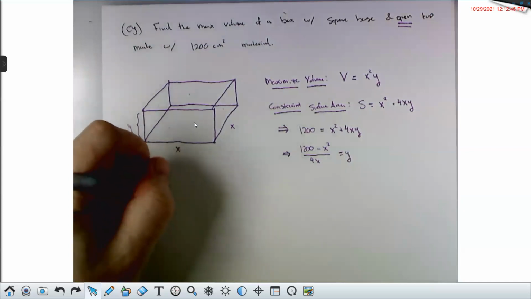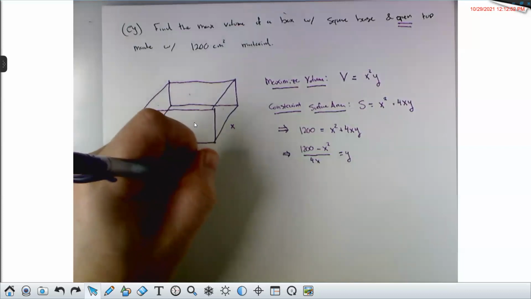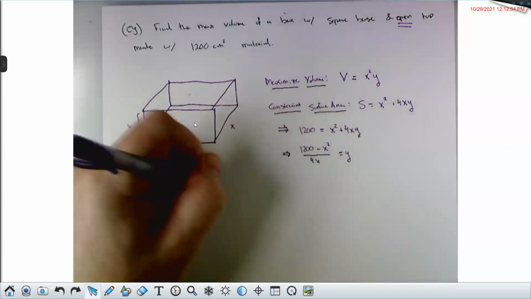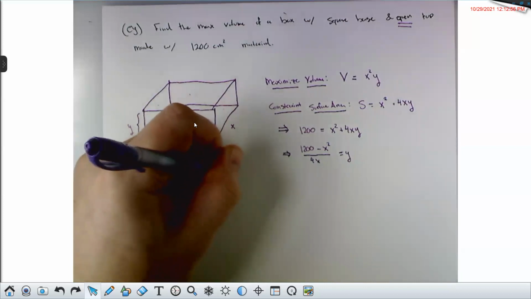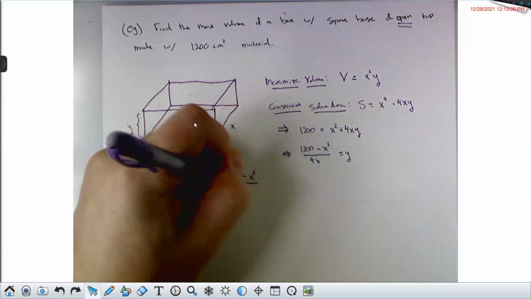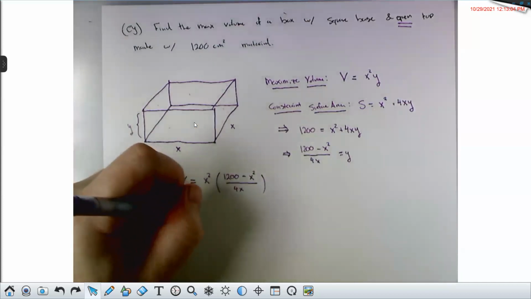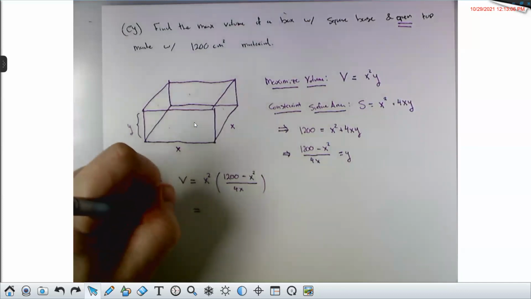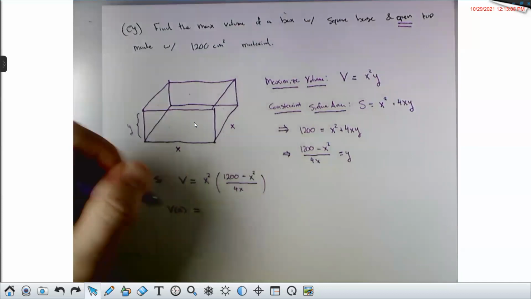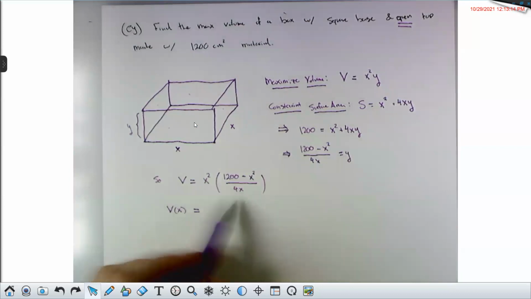So now my volume is x squared times y, which is x squared times 1200 minus x squared divided by 4x. And I can clean that up a little bit. I'll write it as V of x to emphasize that it is now a function of the single variable x. I can cancel the x downstairs with the x out front.